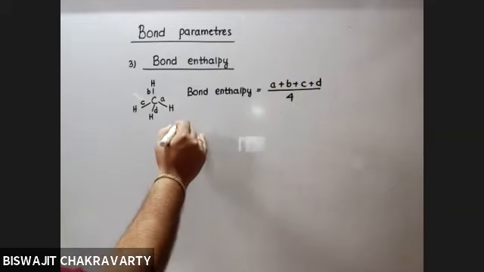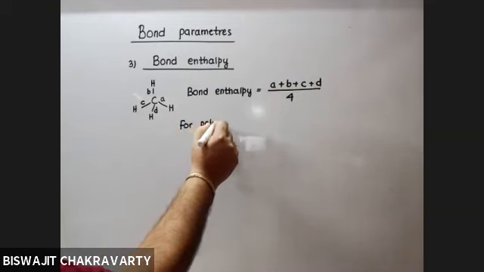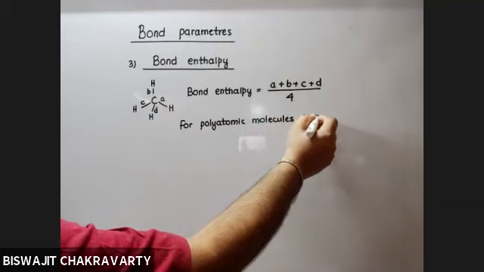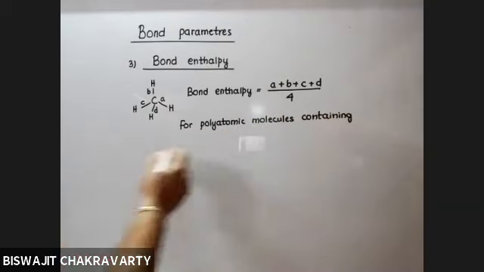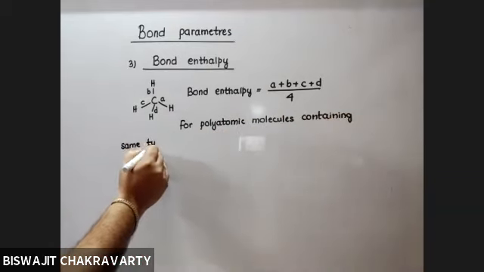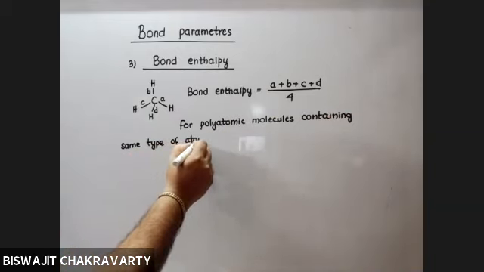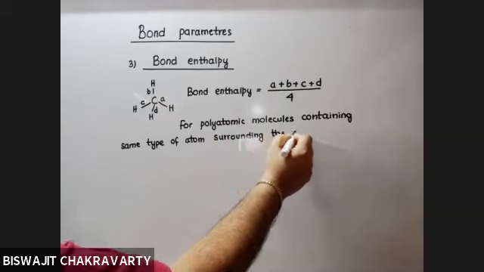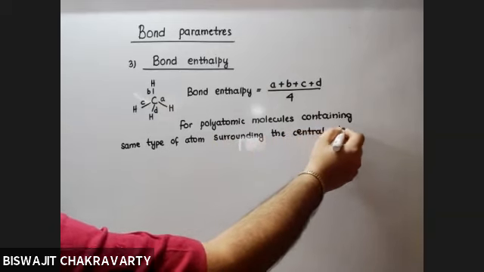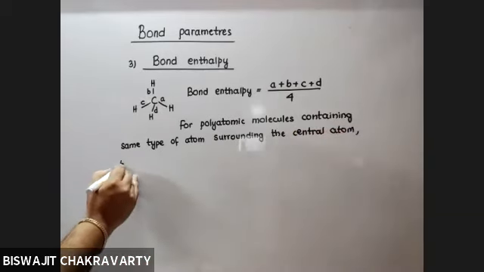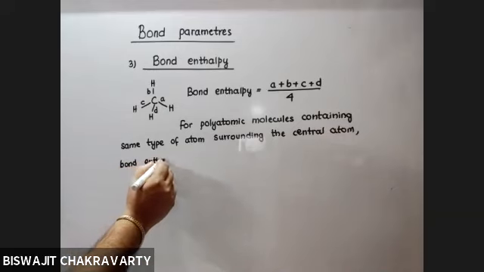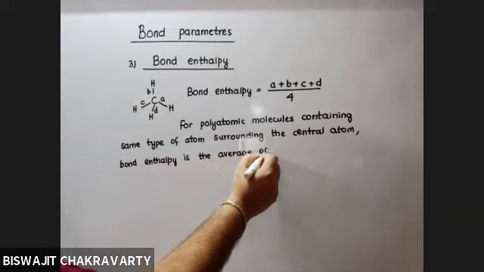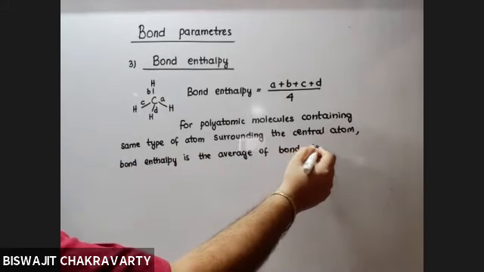And thus we can say for polyatomic molecules containing the same type of atom surrounding the central atom, bond enthalpy is the average of bond dissociation enthalpies.